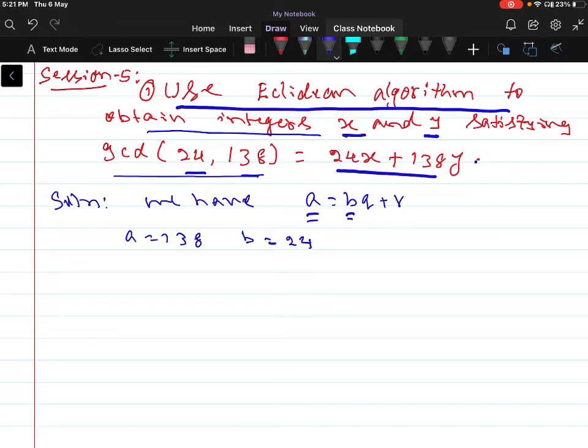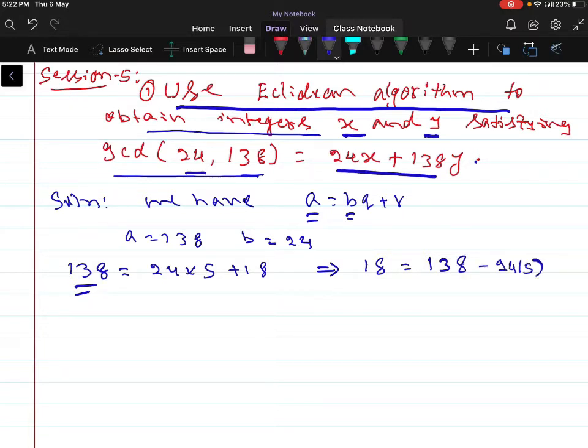So by using division algorithm, 138 can be written as 24 into 5 plus 18. So 24 into 5 plus 18 is nothing but 138. So this can be written as 18 is equal to 138 minus 24 into 5.